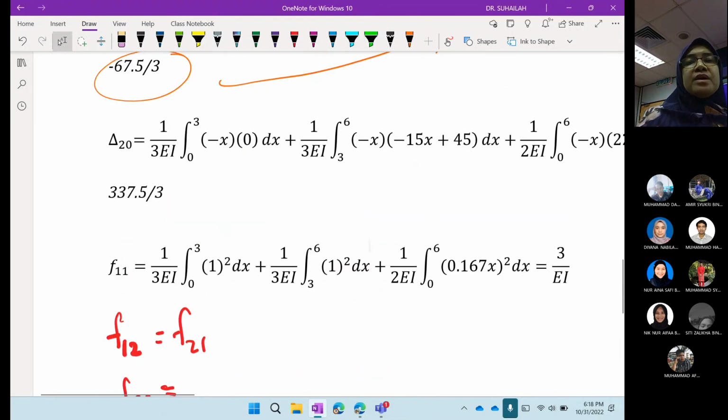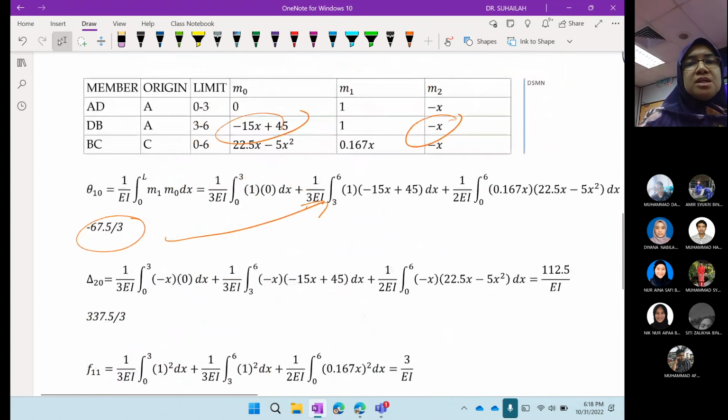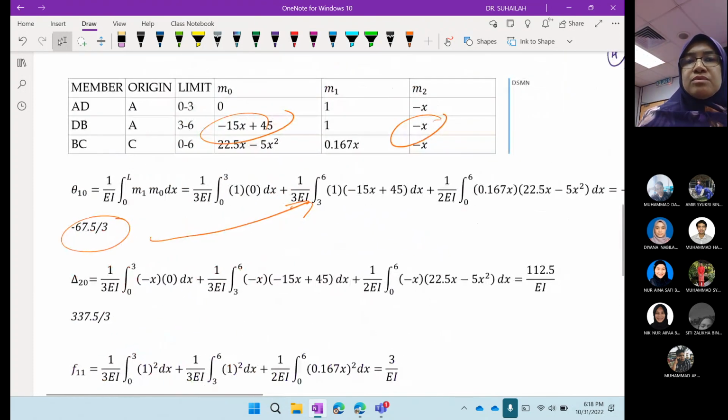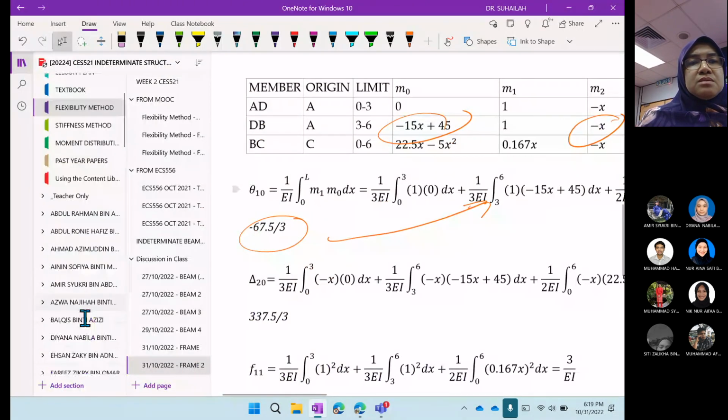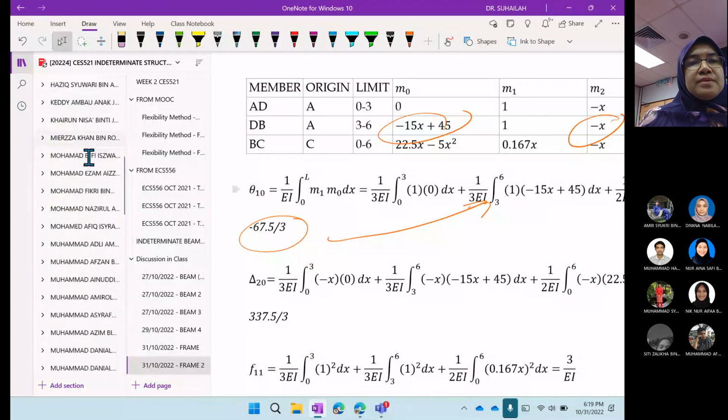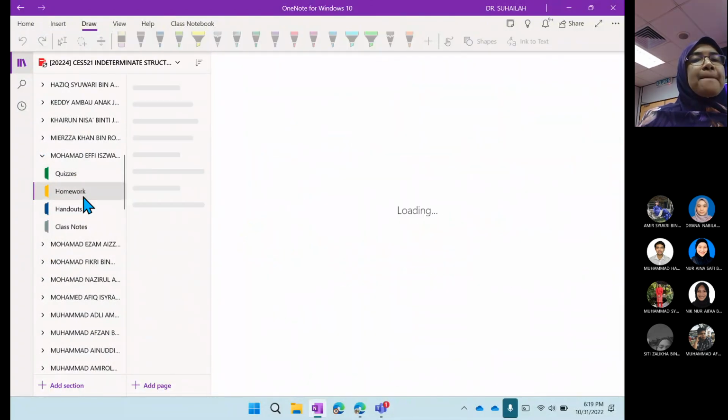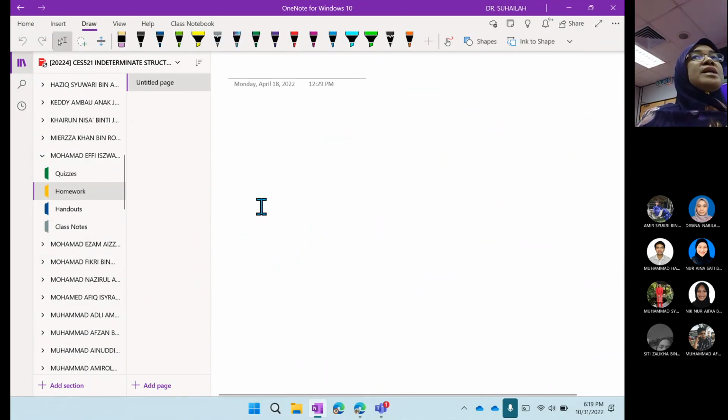After that you have to please put into your own folder, letak kat sini under homework. Boleh? Under homework nanti you siapkan, you snap picture as usual lah kan. Snap picture and please add into this.